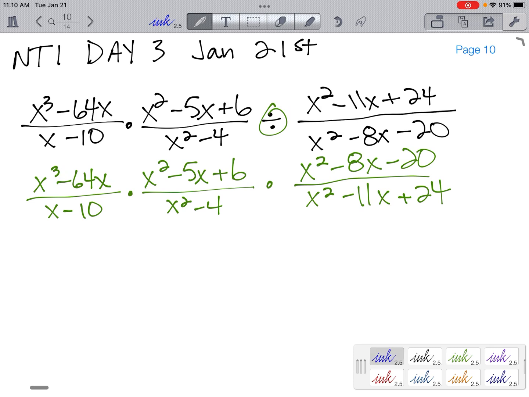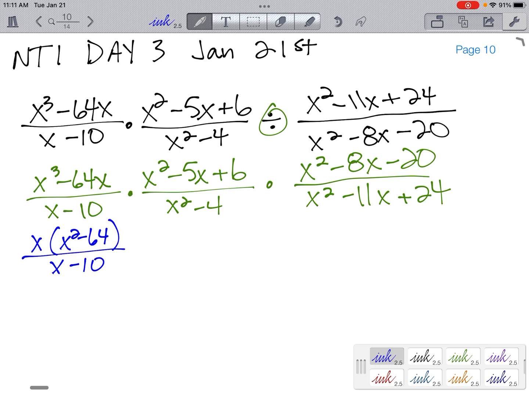In our first fraction, we can take out a greatest common factor of x. And then we will have x squared minus 64 all over x minus 10.